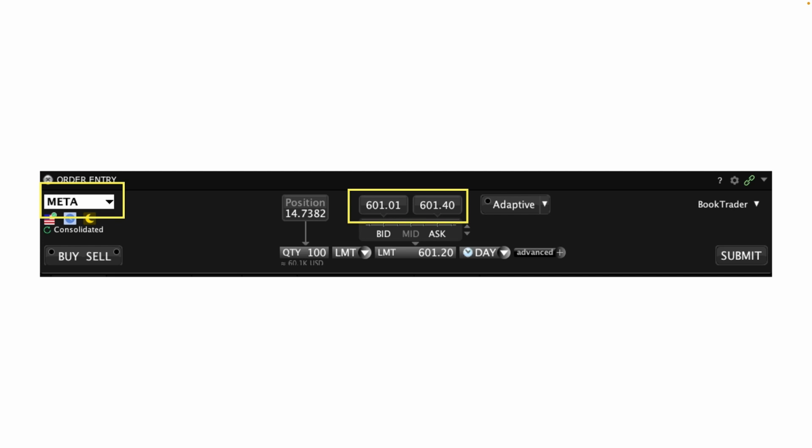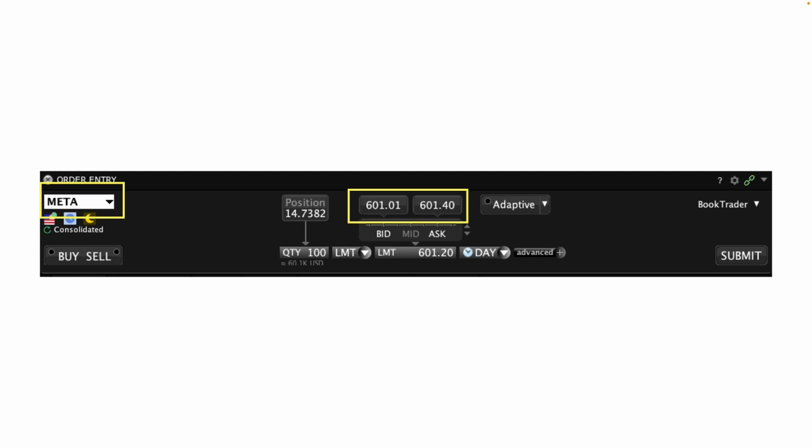During after hours, one tricky part is that the spread is usually much bigger. For a big tech stock like Meta, the bid and ask price is usually pretty tight during normal trading hours, like 1 or 2 cents.